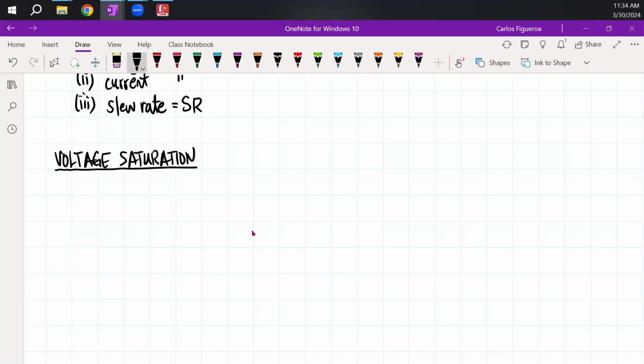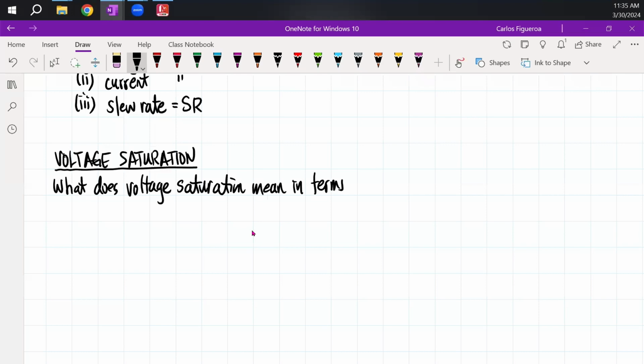So what do I mean by voltage saturation? What does voltage saturation mean in terms of the op amp?